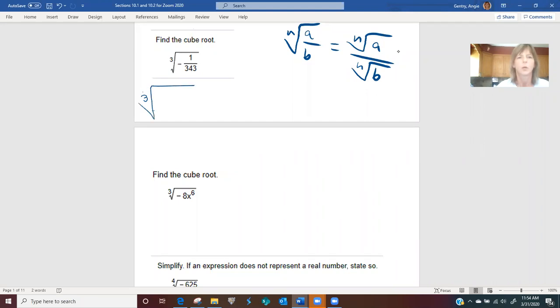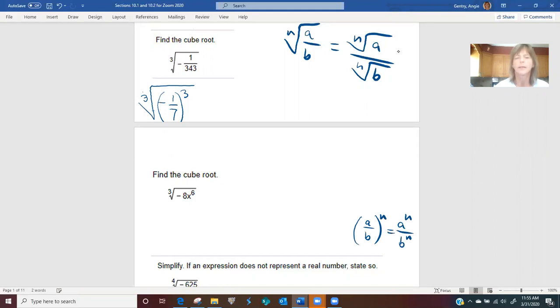The cube root of negative 1/7 cubed, because if you go back to the basics, if you had an a over b to the n, it's a to the n over b to the n.